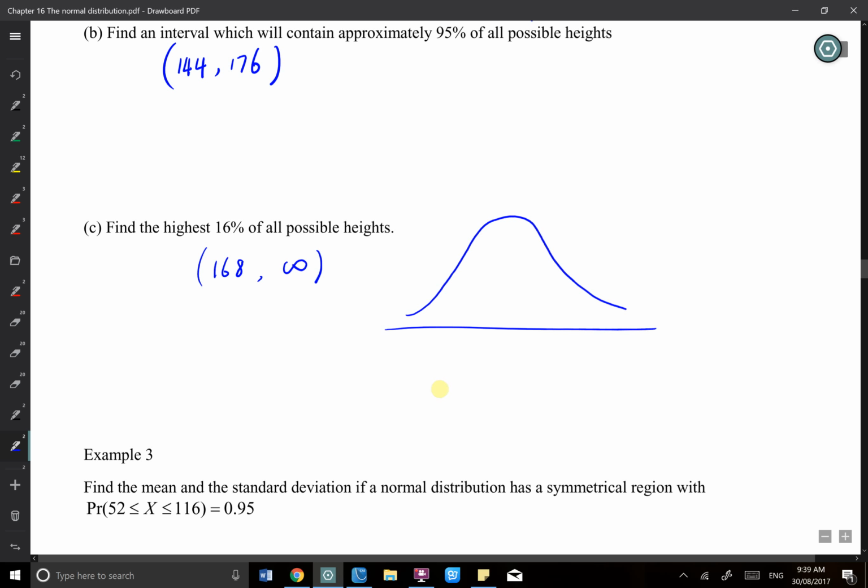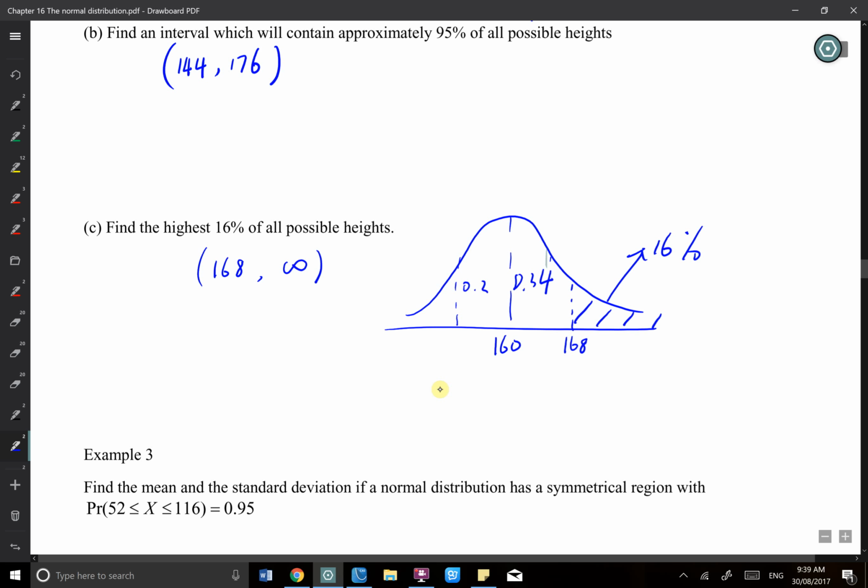So we have 160 here plus one standard deviation is 168, and everything else here will be 16% because here is 0.34. Well, the scale is not very correct. It should be this end. That's 168. That's 0.34 because it's within one standard deviation.